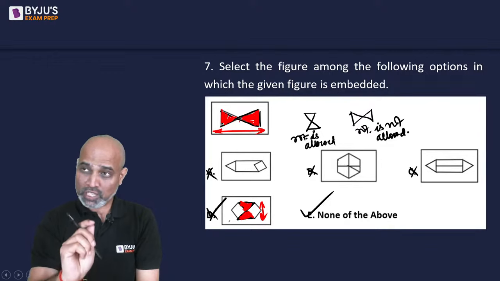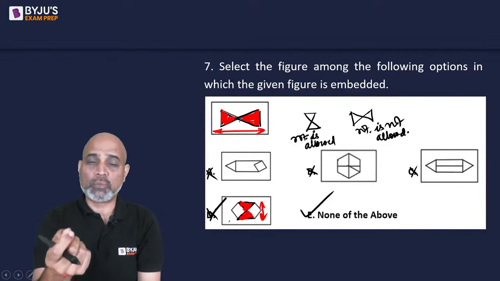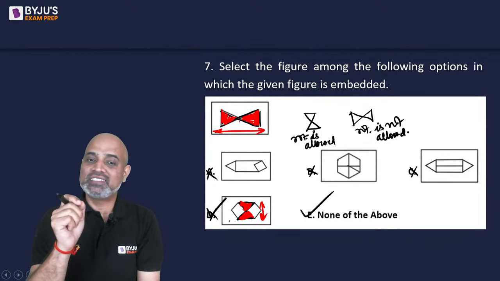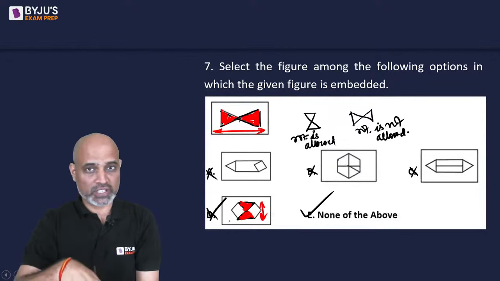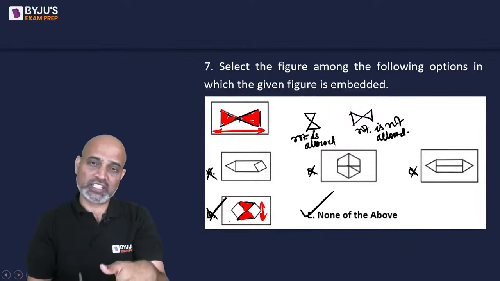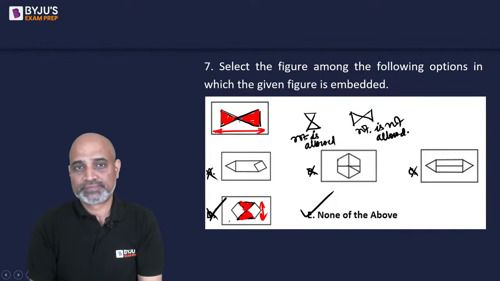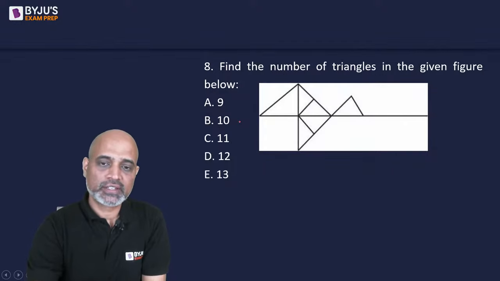So both are two triangles at a common vertex, but ये same triangles नहीं, ऊपर वाले और नीचे वाला triangle छोटा, ऊपर वाला triangle बड़ा है. So if I try to superimpose this and find, I will not find it. So that's why I'm saying E is the answer, none of the above. Okay. Yep.